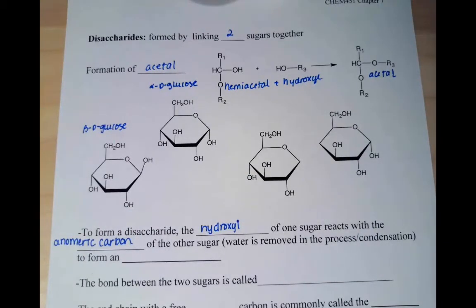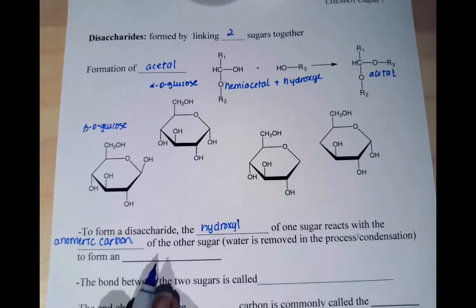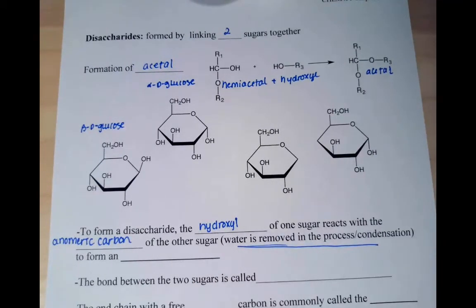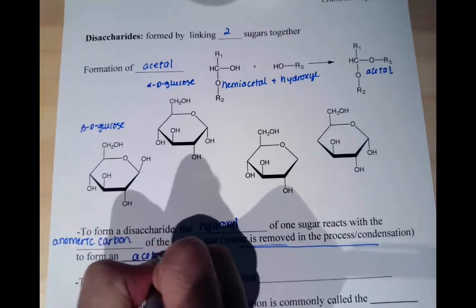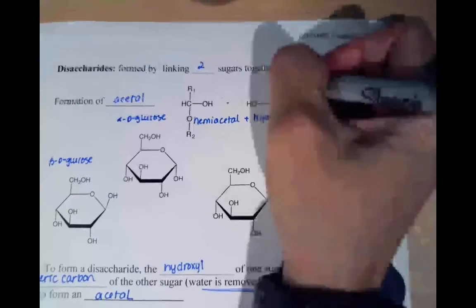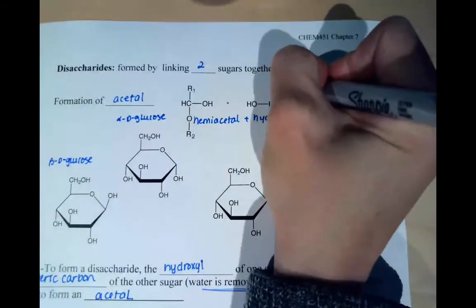So that other sugar that contains the anomeric carbon, that's going to have the hemiacetal. And so in the process of connecting those two sugars together, water will be removed in the process through a condensation reaction to form our full acetal. I forgot to show water being removed up here.